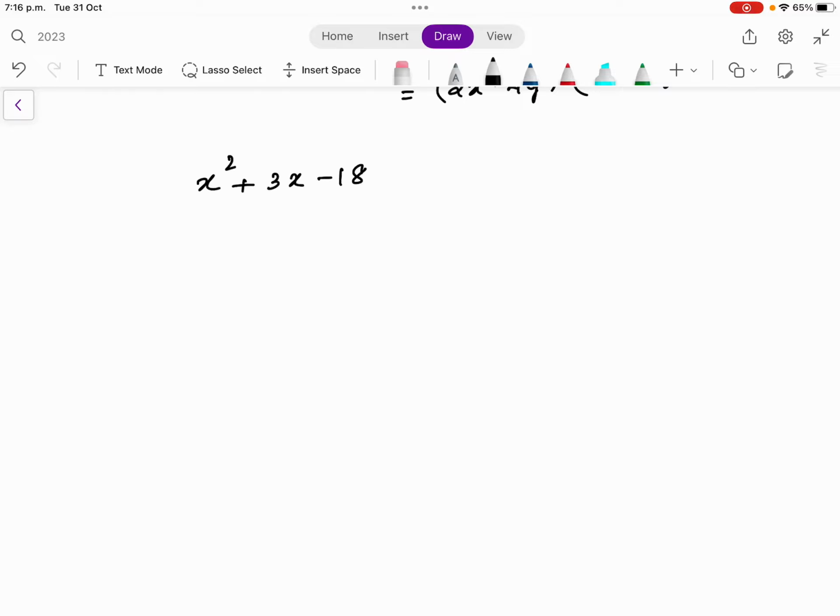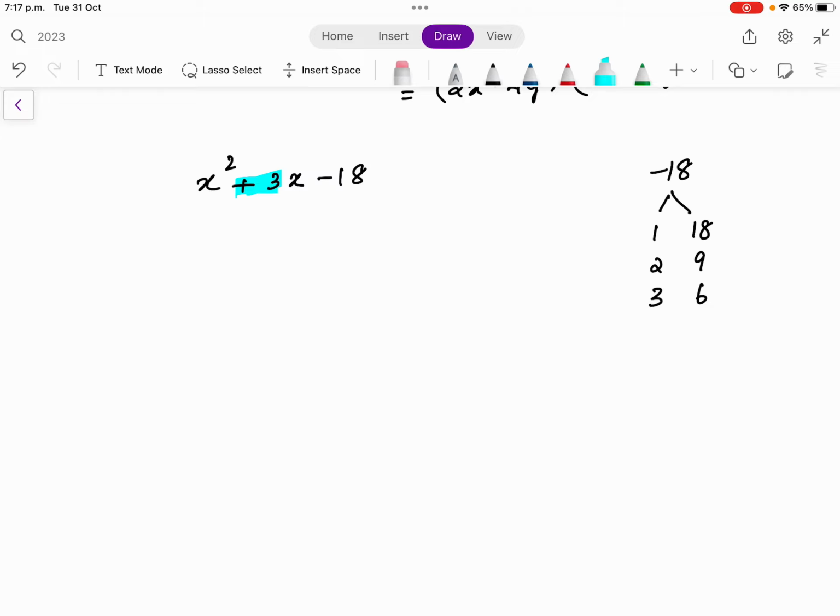Then you have a normal quadratic factorization, like if you have something like x square plus 3x minus 18, you can use the normal method which we learned in junior cert. You find the factors of 18, and I usually write all the factors: 1 and 18, 2 and 9, 3 and 6, and that's it. And I see which one added together will give me plus 3.